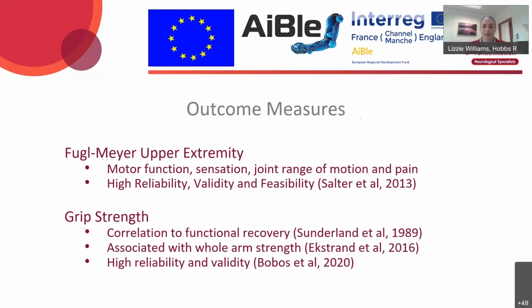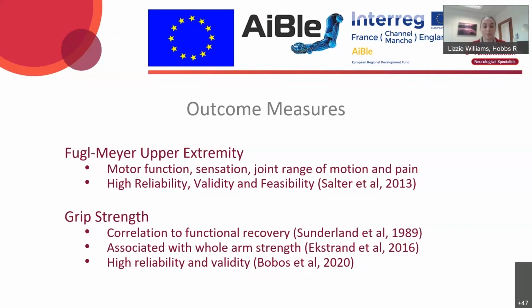So this brings me to further discuss the outcome measures that we used in more detail. And from Karen's presentation, you may notice that these are both clinician reported outcome measures. We chose to use the Fugl-Meyer upper extremity assessment and grip strength assessment. Karen already touched on the Fugl-Meyer upper extremity assessment, and to quickly recap it, it is an outcome measure that is used to assess motor function, sensation, joint range of motion and pain.